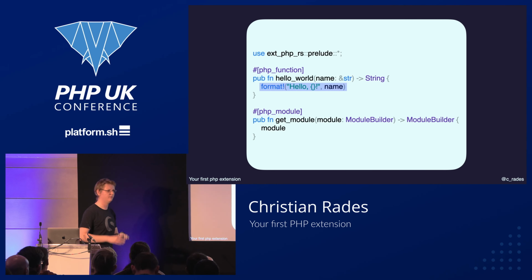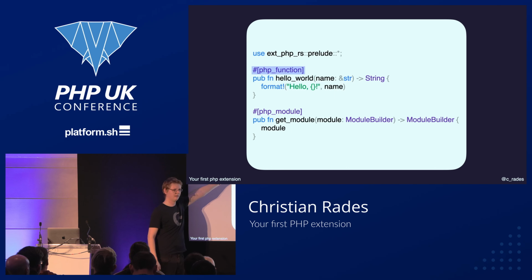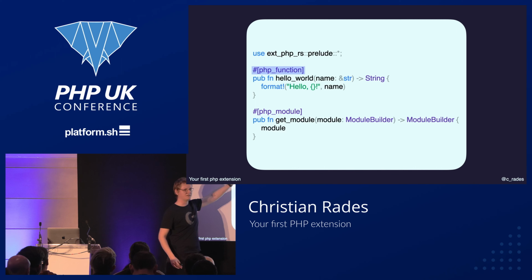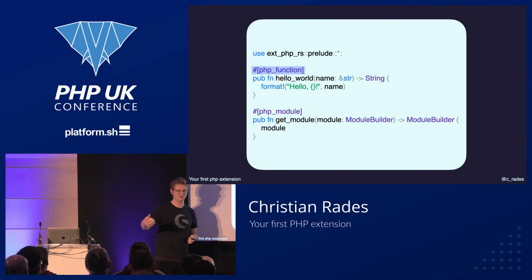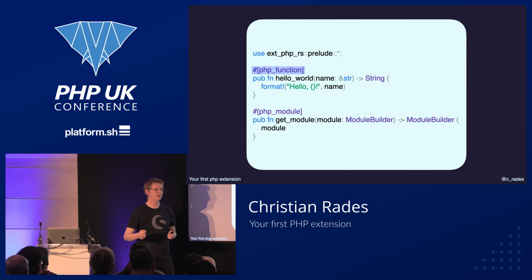Now that is all fine and good, but how do we get it in PHP? And I guess you spotted it from the first moment I talked about this slide, which is this attribute. This attribute means that this function will be exposed in a PHP-conformant way. So for a C function or for a machine function to be callable by PHP, it needs to conform to a certain schema, to certain requirements.